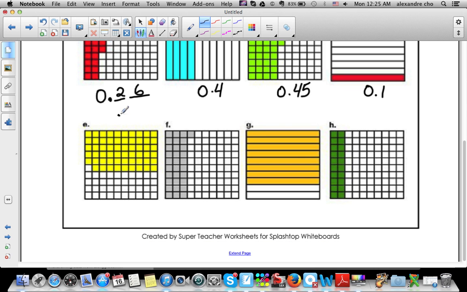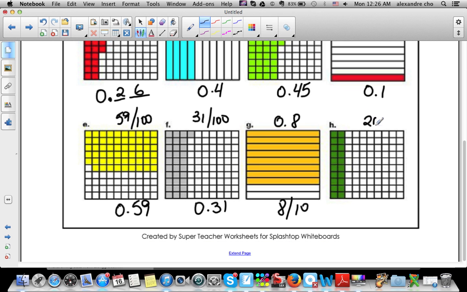Okay, 59 out of 100, or 0.59. F is 31 out of 100, or 0.31. Okay. G is 0.8, or 8 out of 10. And finally, 20 out of 100, or 0.20.